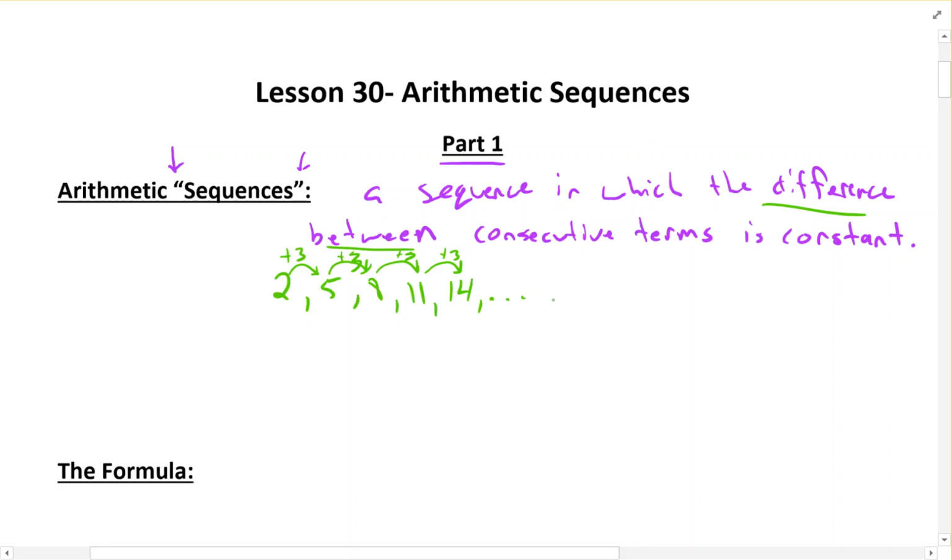This could also go in the negative direction though. So we could start out with like 20 and then 18, 16, 14, 12, dot dot dot. In that case it would just be minus 2 and then minus 2, minus 2. So that's pretty much what we're talking about with this, right?